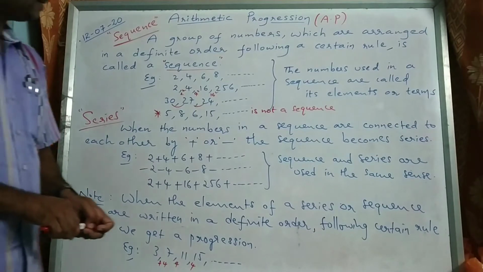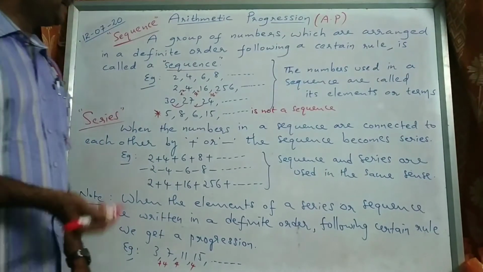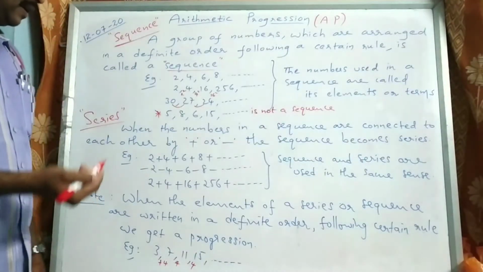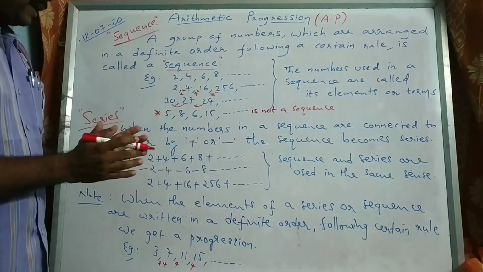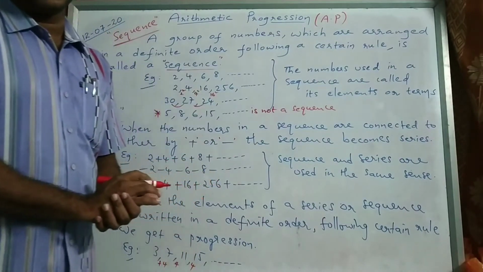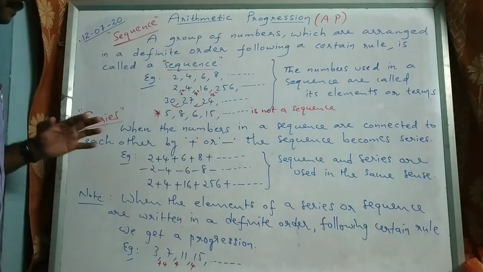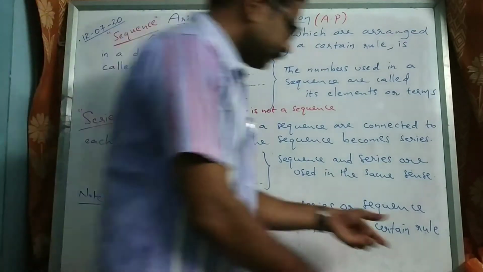What is arithmetic progression? A progression is said to be arithmetic if one particular number is added to the previous number to get the next number. Is this clear?